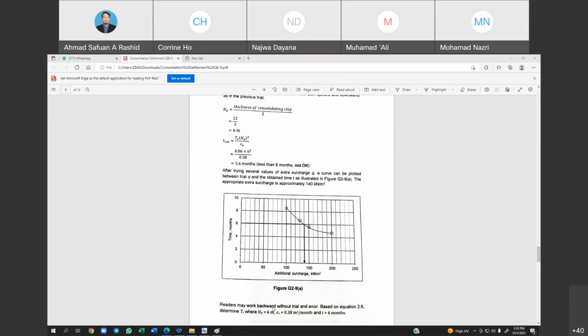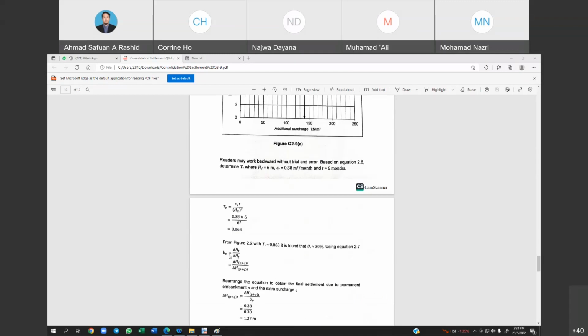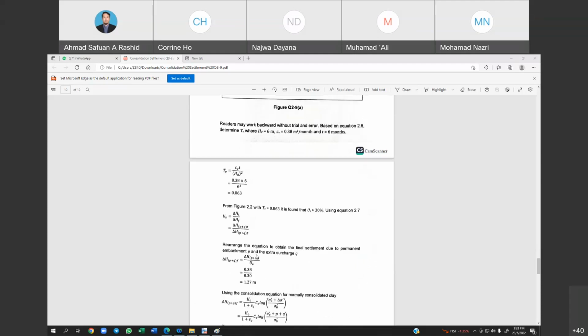So the reader may work backward without trial and error based on equation 2.6. Determine the Tv where Hd, Cv and t equal to 6 months. Then Cv is 0.06. From figure 2.2, Uv is 30% using equation 2.7. Rearrange the equation to obtain the final settlement due to the permanent embankment P and additional surcharge Q, which is equal to 1.27.